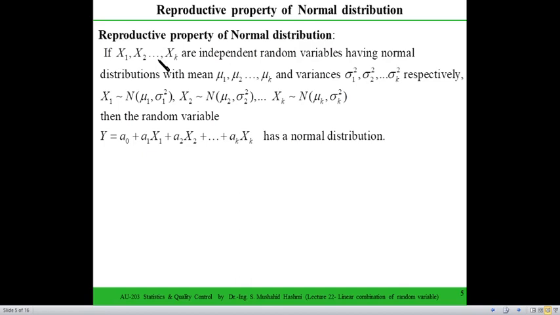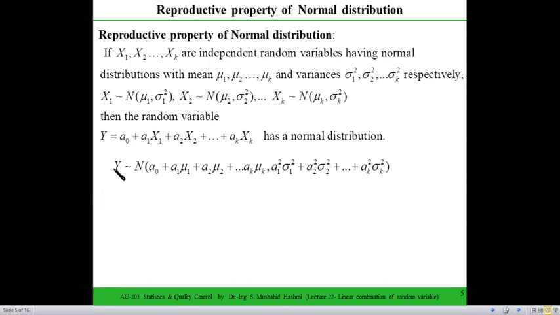So once your random variables are normally distributed, then if you form a linear combination of these random variables, the resulting variable y would also be normally distributed. This property is given the name reproductive property of the normal distribution.